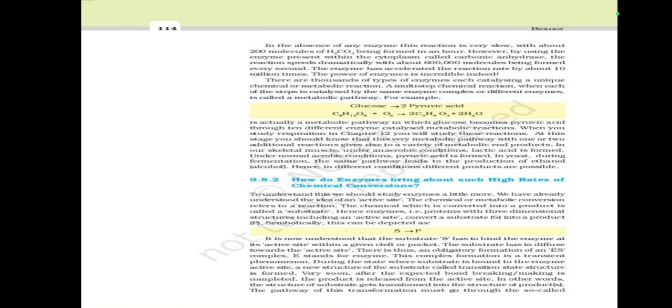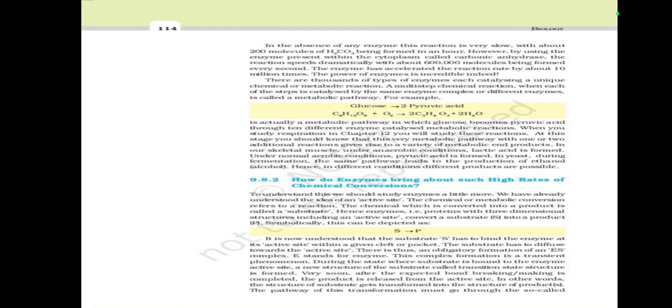How do enzymes bring about such high rates of chemical conversions? To understand this, we should study enzymes a little more. We have already understood the idea of an active site.